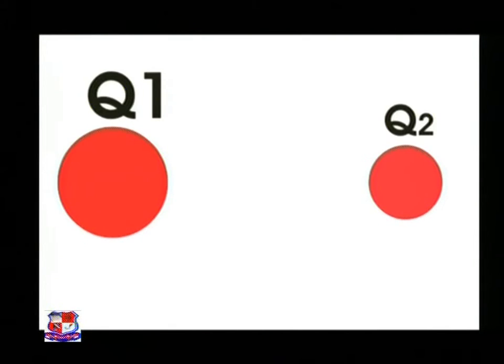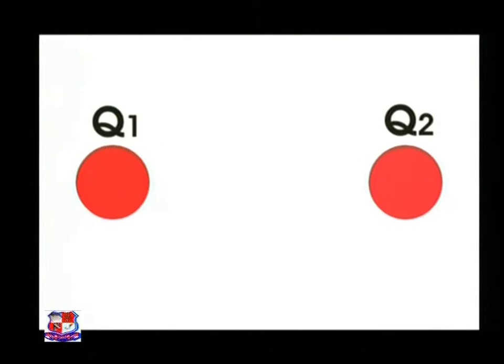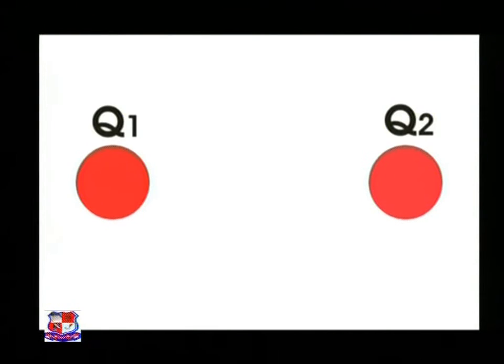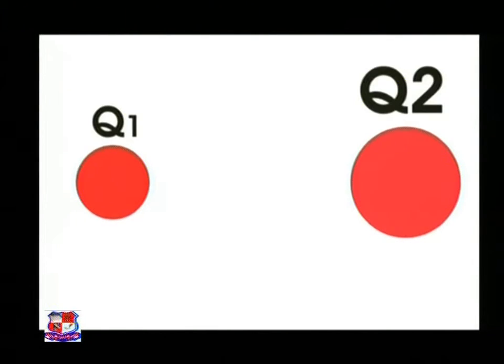Now, if you increase the charge Q1 keeping Q2 unchanged, the force is obviously increased. If you decrease the charge Q1 keeping Q2 unchanged, the force is decreased. Similarly, if you increase the charge Q2 keeping Q1 unchanged, the force between them is again increased.